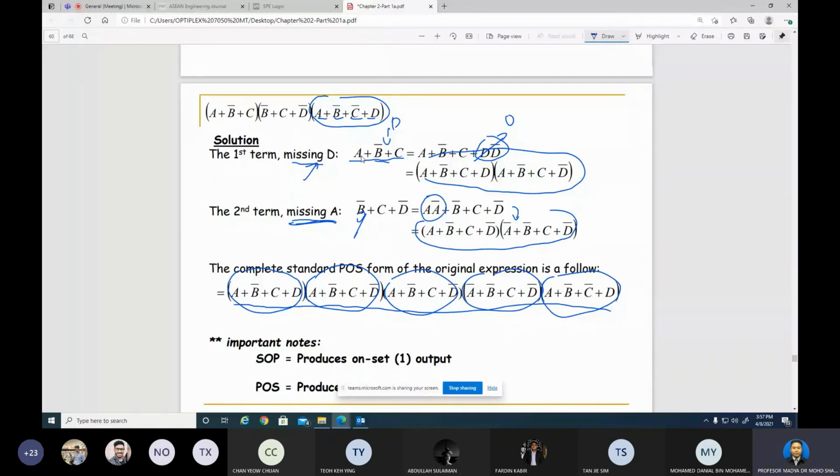Next we will try to simplify using the K-map. I think the K-map is very simple compared to using the rules and De Morgan, because it is quite tough to find which rule is related to the Boolean expression.